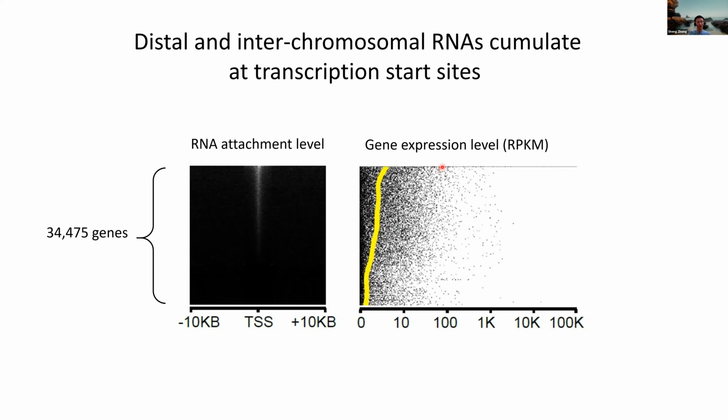We probably wouldn't expect that one indicator would precisely tell us the expression level. Nevertheless, if I use a rolling average across genes, we still see a clear positive correlation between how much chromatin-associated RNA is attached to the transcription start site of a gene and, on average, the expression level of that gene in the same cell type.